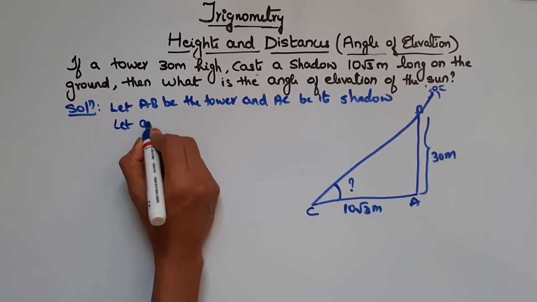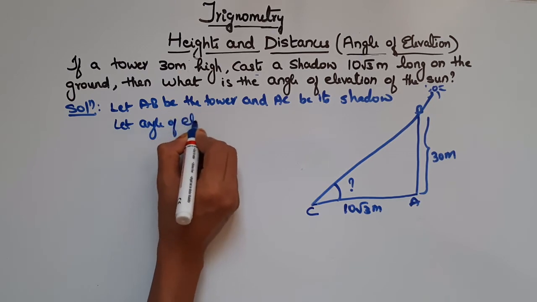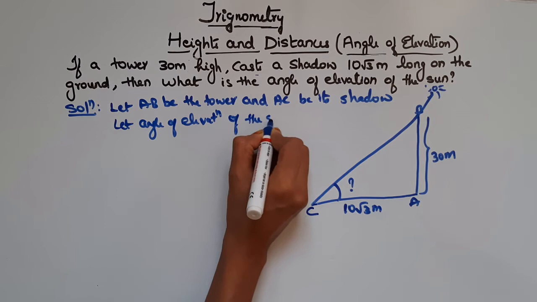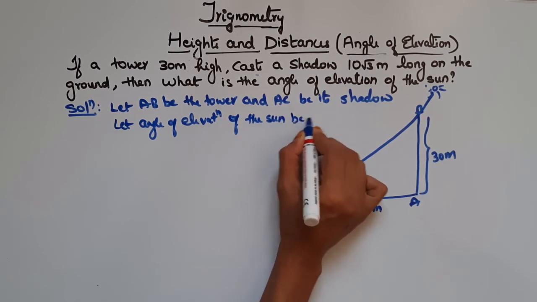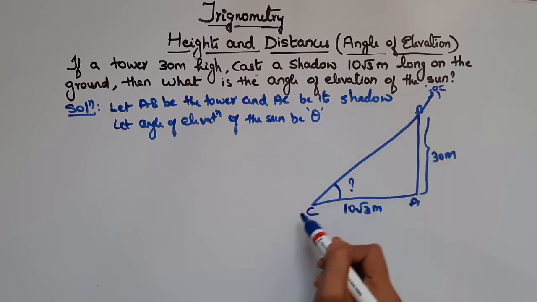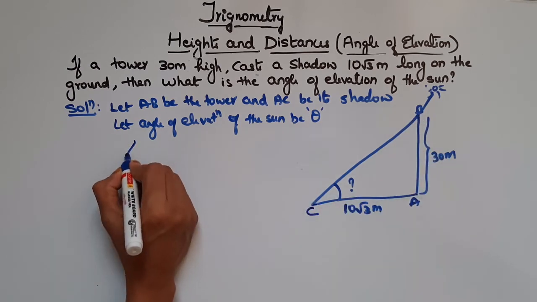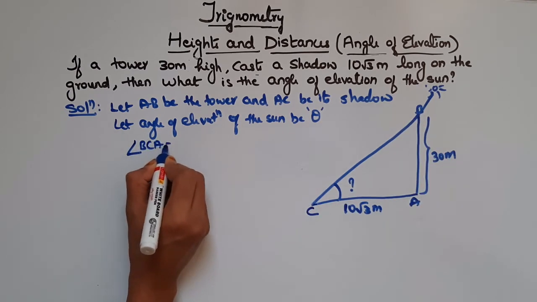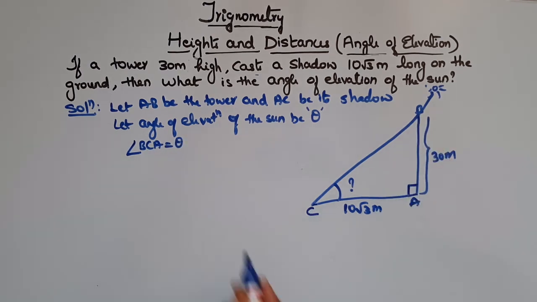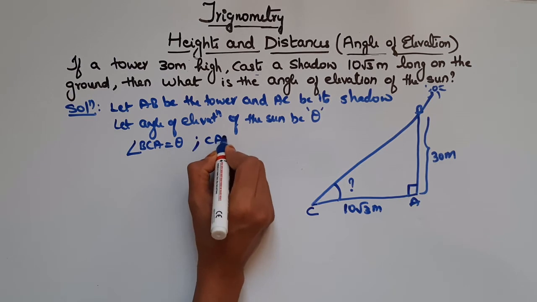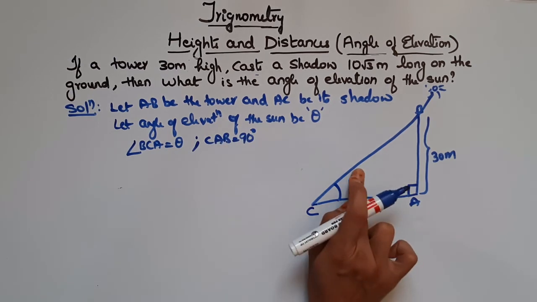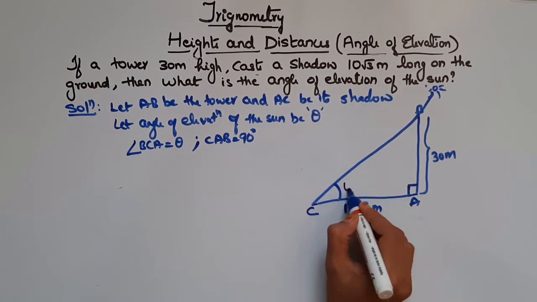Let angle of elevation of the sun be theta. So therefore the angle BCA is theta. We know CAB is 90 degree, right? So this is your theta.